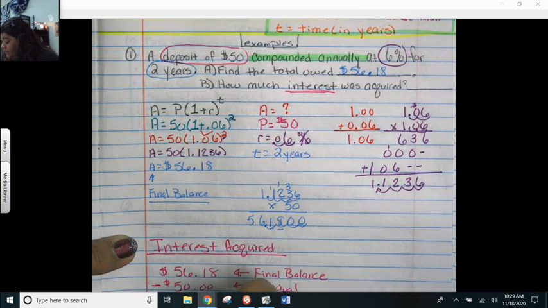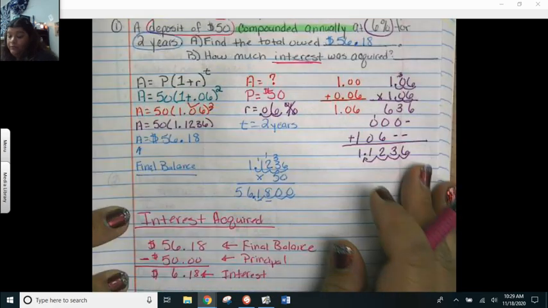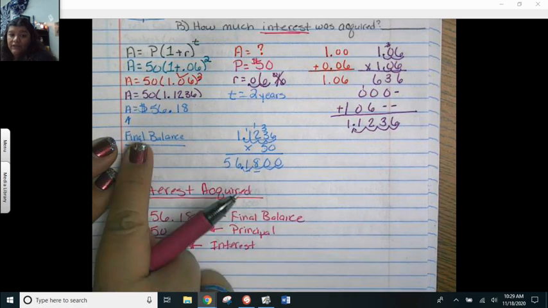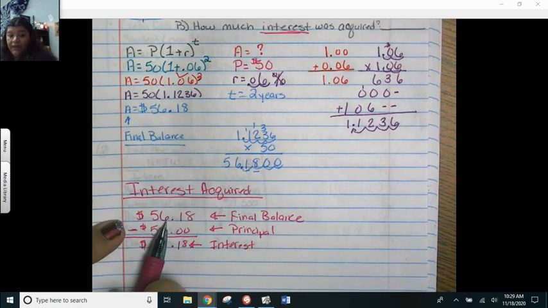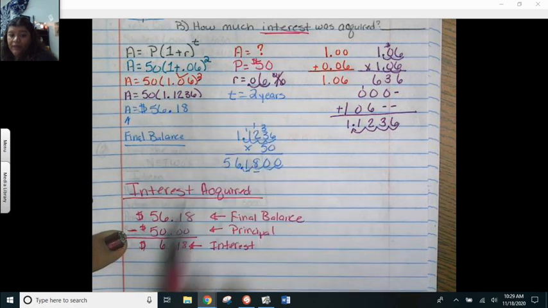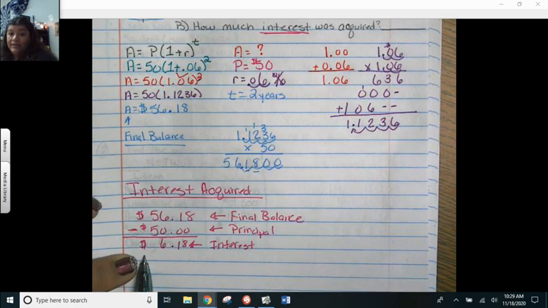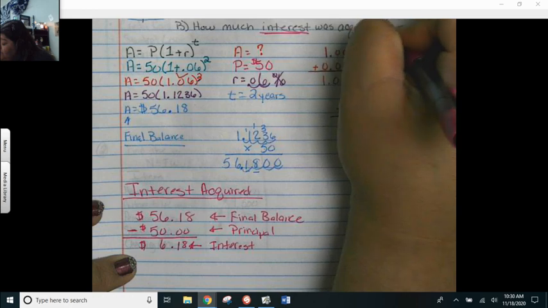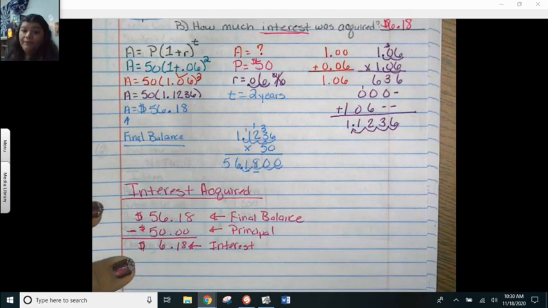So I can subtract them, and I find that it gives me how much interest was acquired, how much interest was added. Okay, so I took the final balance, which is $56.18. I subtracted my initial principal amount, which was $50, which told me that the interest that was acquired or added to my account was $6.18.